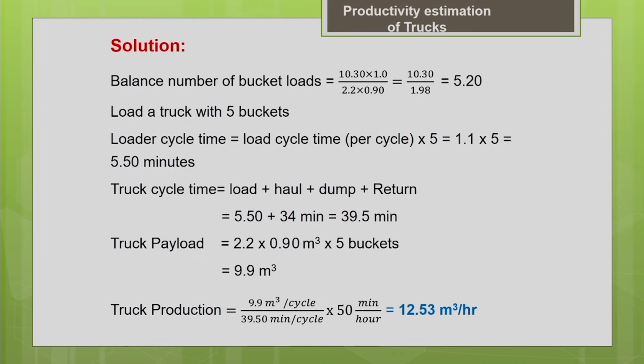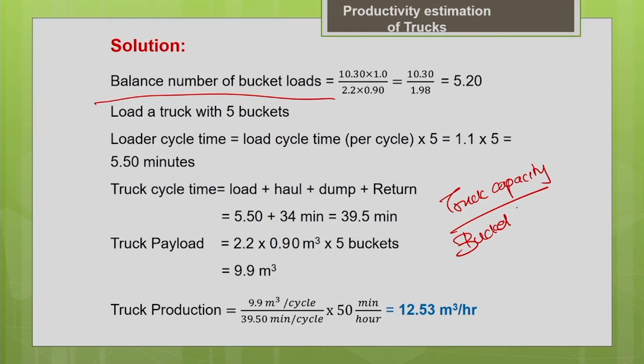Now let us work out the solution. The first step will be to find the balanced number of the bucket loads needed to fill the truck. How will you find the balanced number of bucket loads needed to fill the truck? It depends upon your truck capacity by your bucket capacity. So what is your truck capacity?